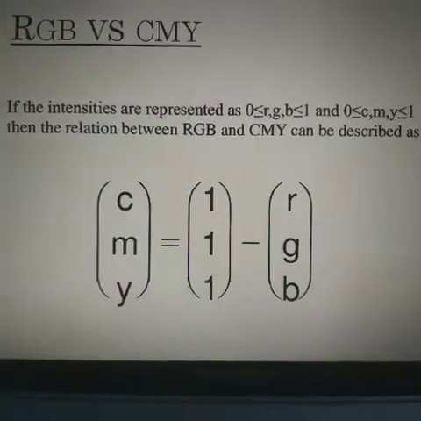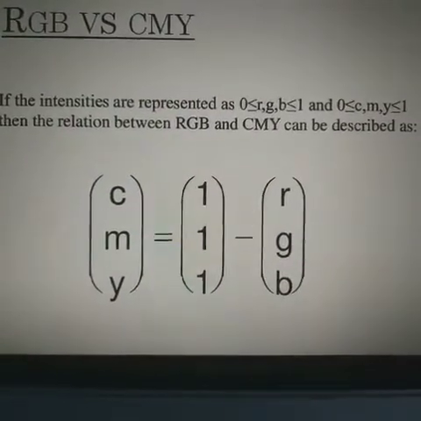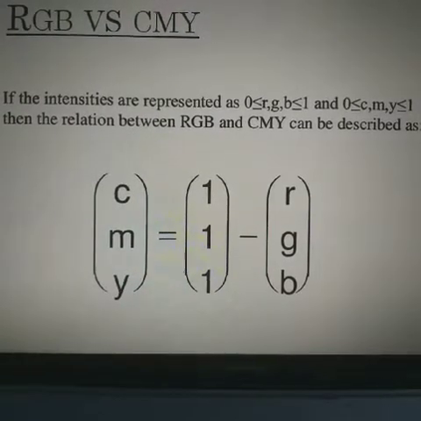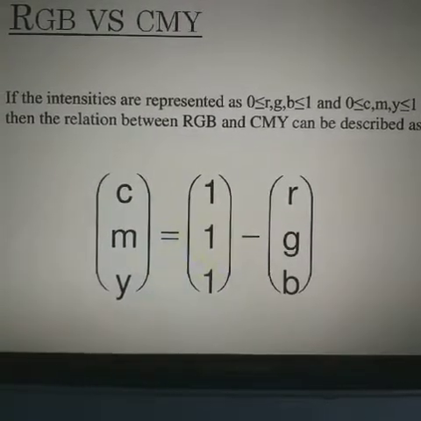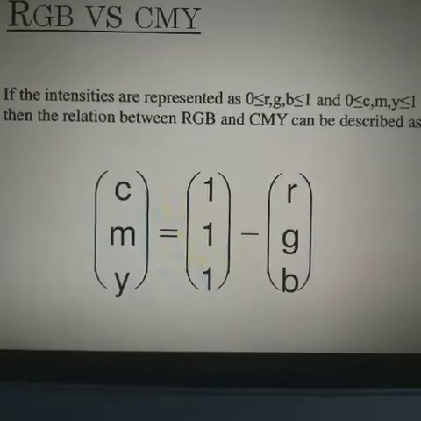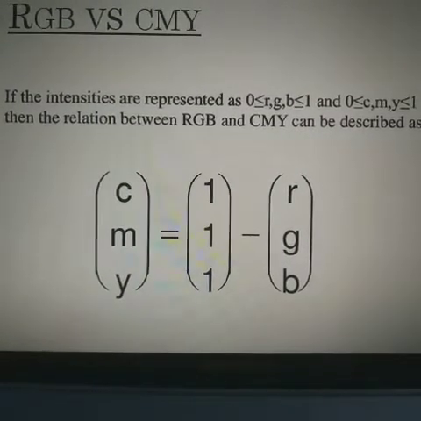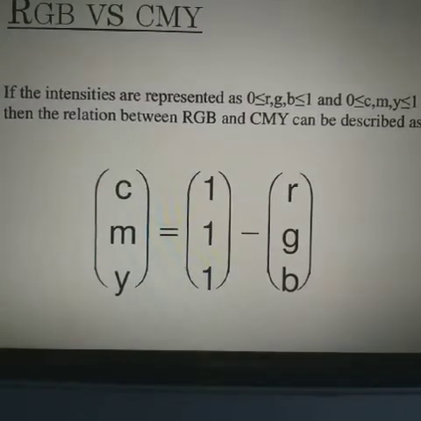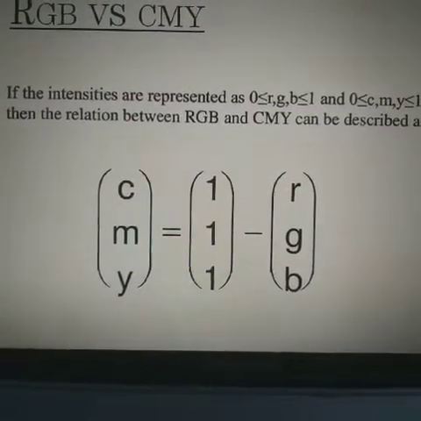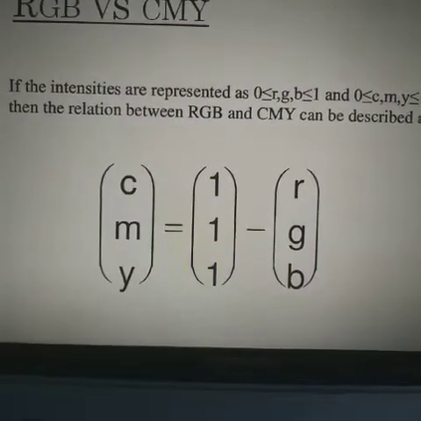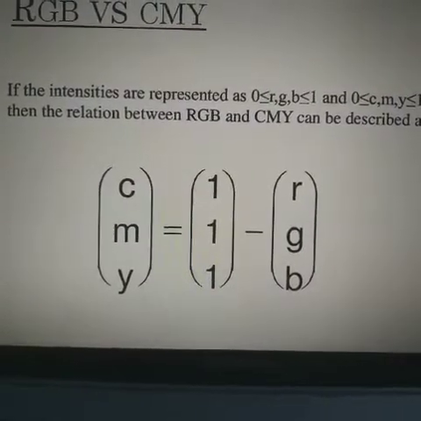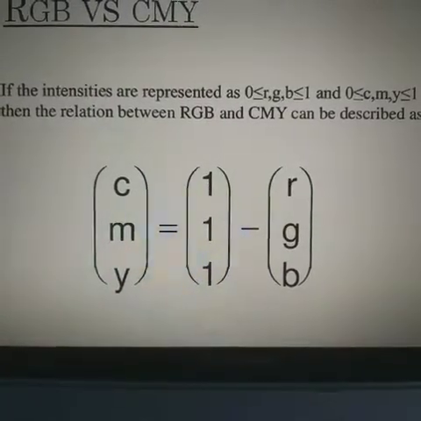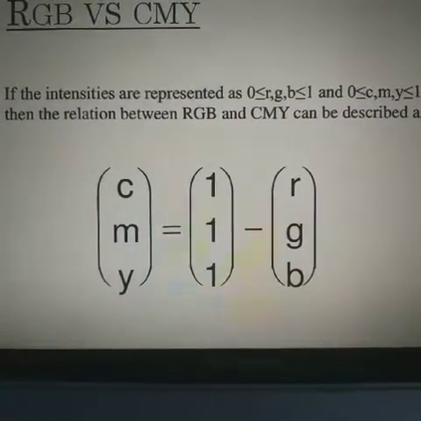The explanation of this model was also discussed in the previous video lecture. So we have the comparison between the RGB and the CMYK model. The intensities are represented by the values 0 ≤ R, G, B ≤ 1, which means the red, green, blue values range from 0 to 1, and for CMYK we also have values from 0 to 1.